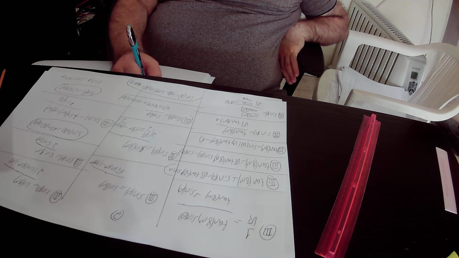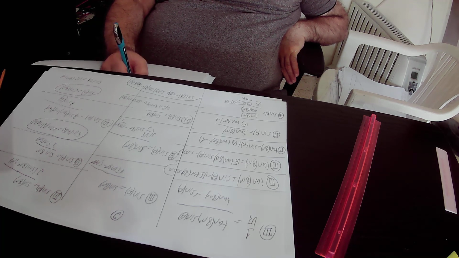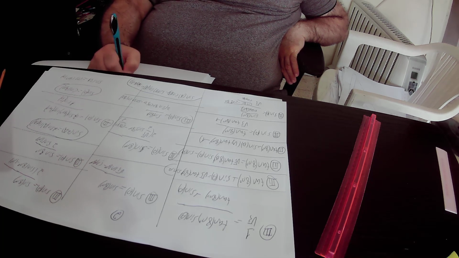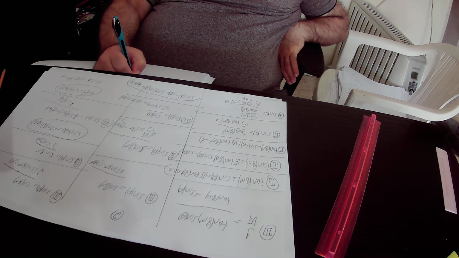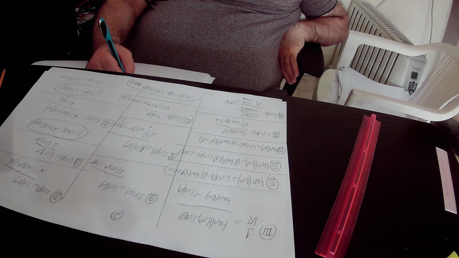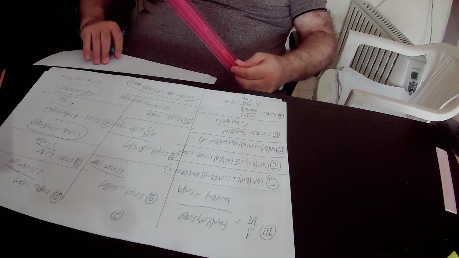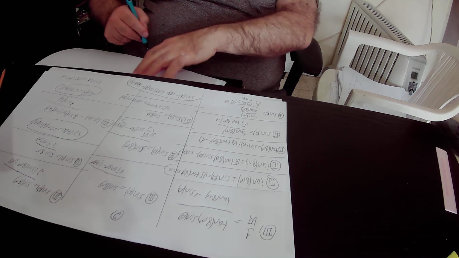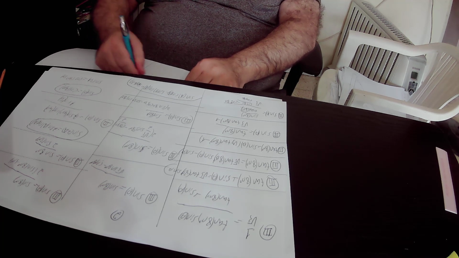sinus theta equals to sinus 40 degrees times cosine 40 degrees over cosine 40 degrees. So here we have cosine 40 degrees in the numerator and we have cosine 40 degrees in the denominator. So cosine 40 degrees will get cancelled.